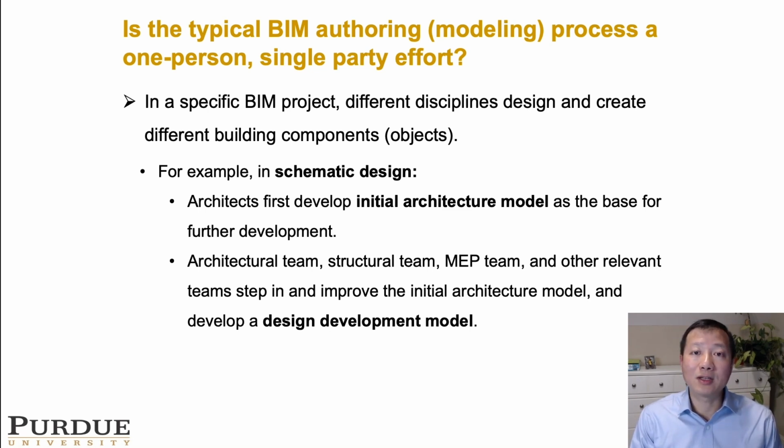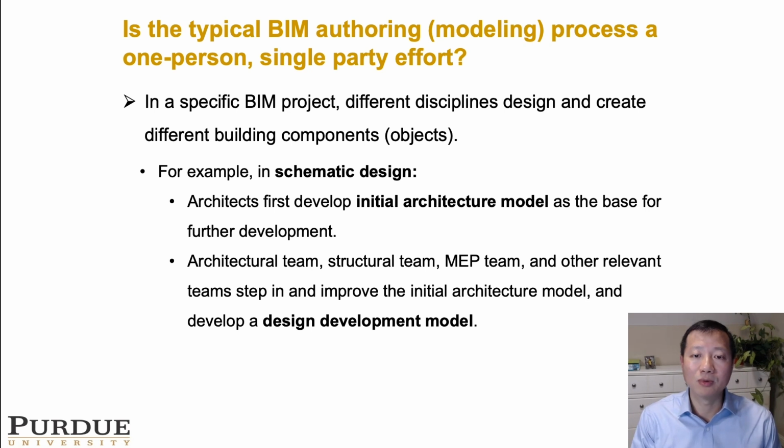Now, this is determined by all the different disciplines involved in the design process, as well as the repetitive, cyclic designing procedure that we intentionally put in place in order to give us some checkpoints and make necessary changes before we go too far. So in a specific BIM project, your different disciplines design and create different building components or objects.